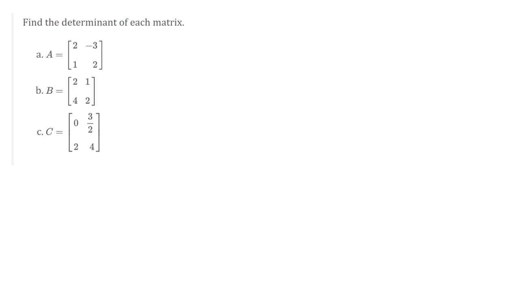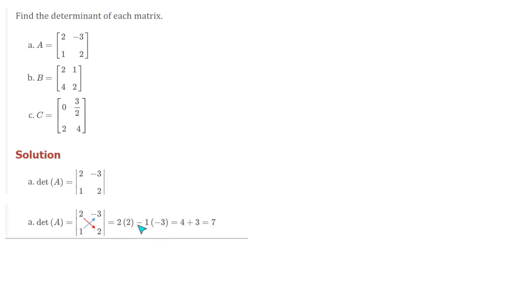So for A, here I'm finding the determinant of A. So I'm going to have 2 times 2, it's right here, and negative 3 times 1, which is right here. So 2 times 2 is 4. Negative and negative is positive 3, so we get 7.